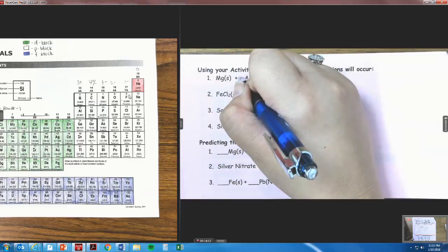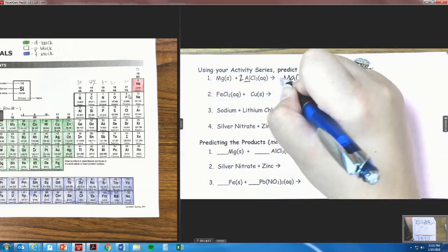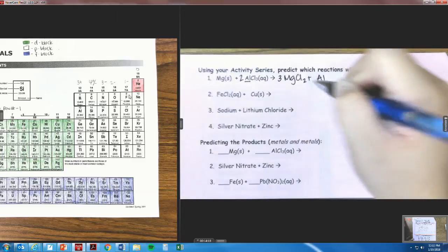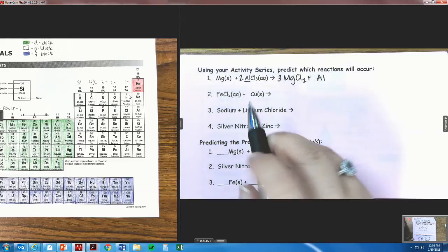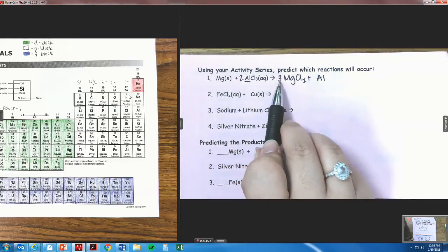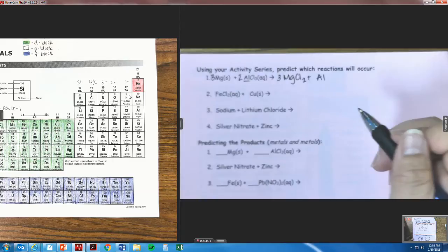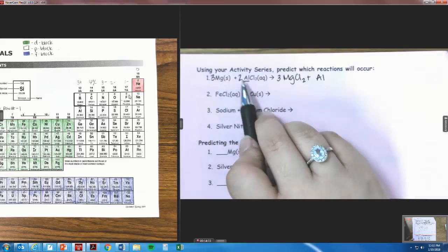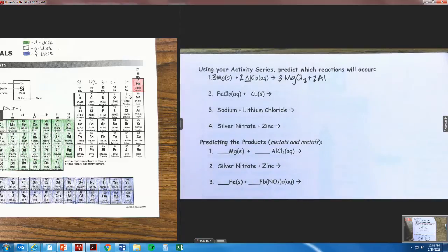So 3 times 2 is going to equal 6 chlorines, and then 3 times 2 again, that's going to equal 6 chlorines. But because I did that, that's going to change the number of magnesiums I have. So now I have 3 magnesiums, so I'm going to put a 3 on my reactant side, and now I have 2 aluminums, so I'm going to put a 2 there too. Okay? Alright, so our next example.